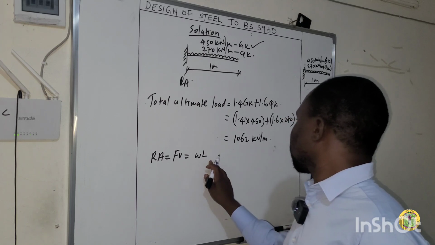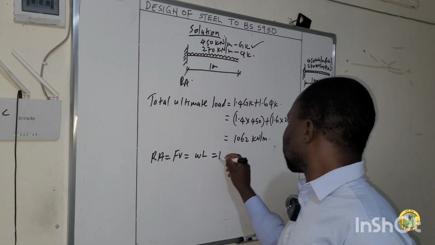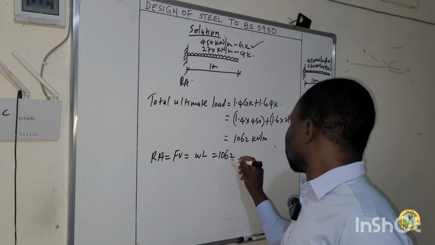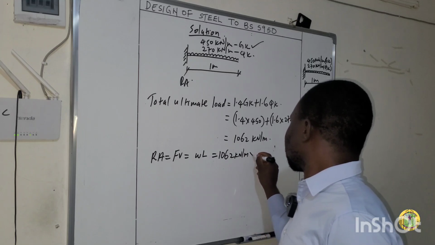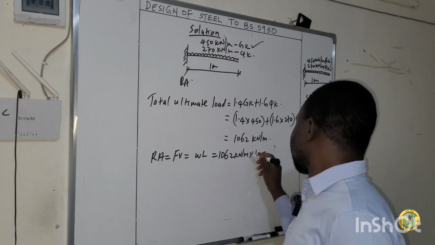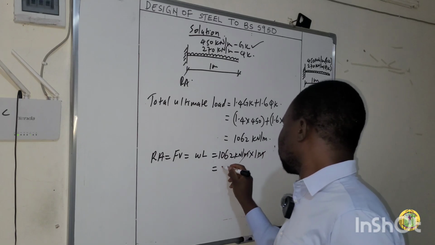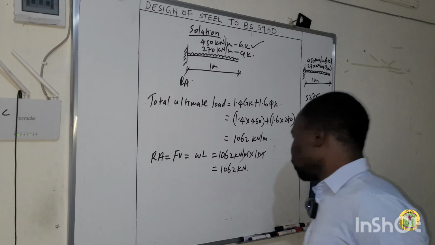So this one is equal to W, which is 1062 kilonewton per meter, times L, where L is 1 meter. So this will cancel with this. So we have 1062 kilonewton.